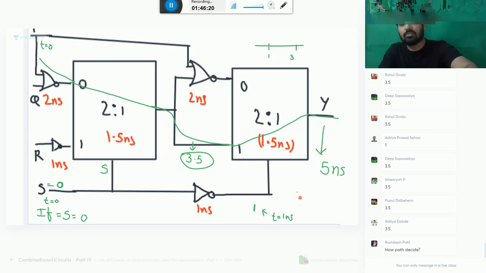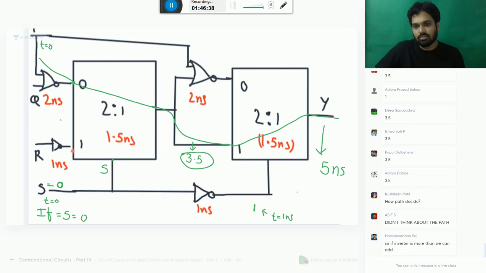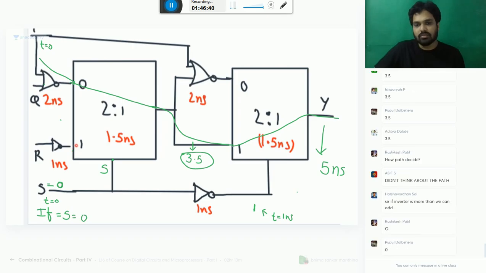I have not decided, man. Please see, Rishi. When S is 0, who will select in the mux? You tell me, 0 will select or 1 will select. When S is 0, who will be selected, 0 line or 1 line? Okay.